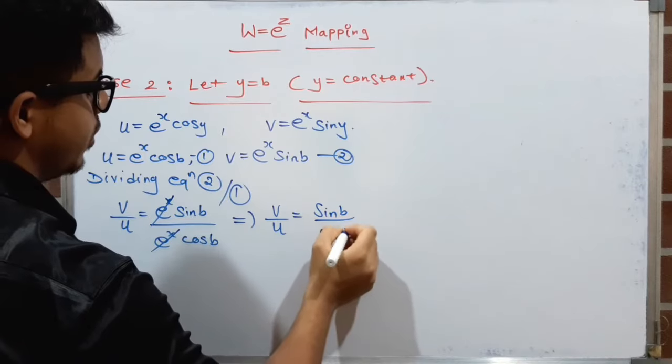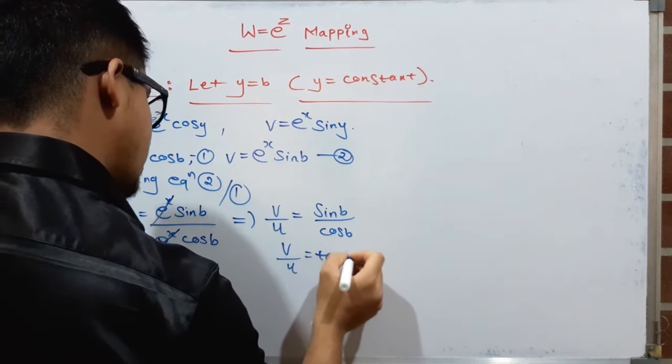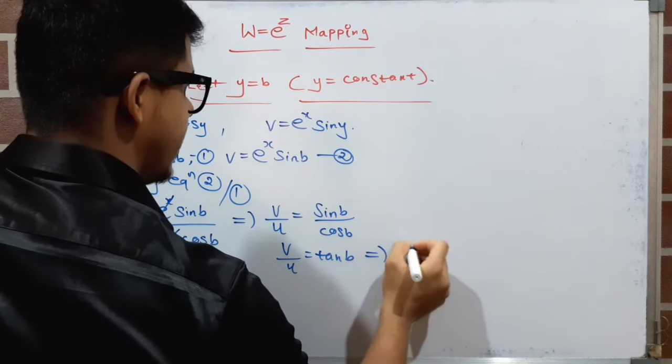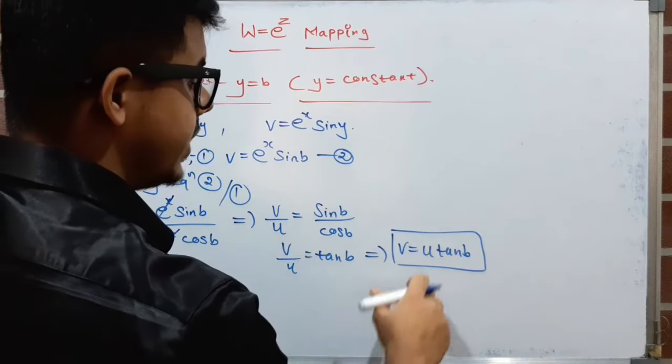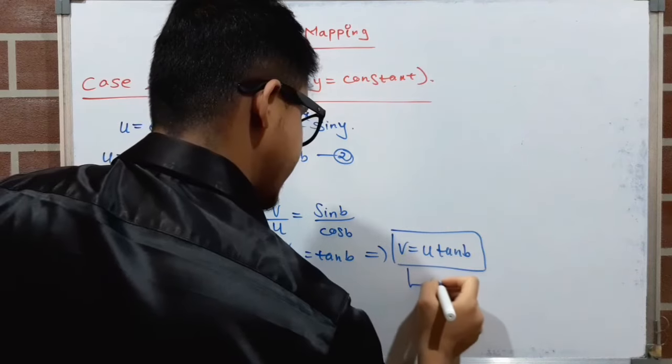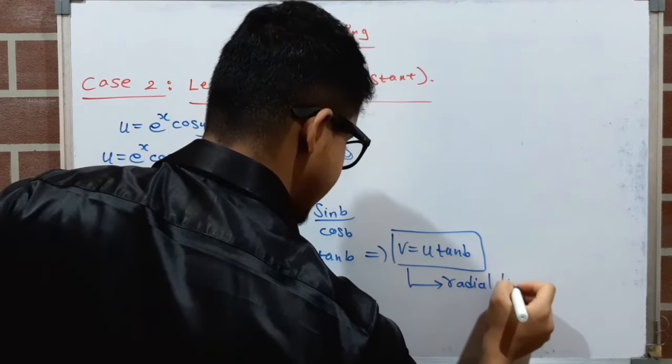What is sin b upon cos b? It is tan b. So v upon u is equal to tan b, so v is equal to u into tan b. This is the equation of a radial line.